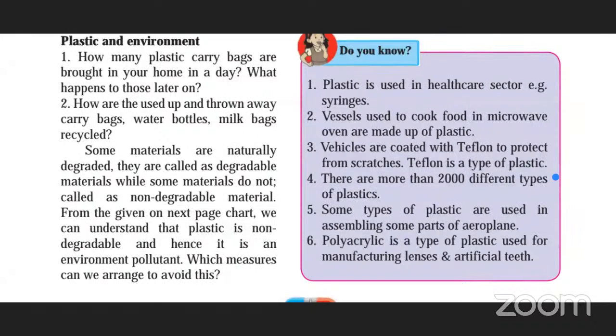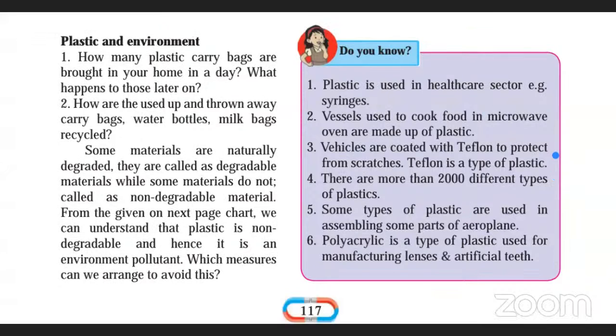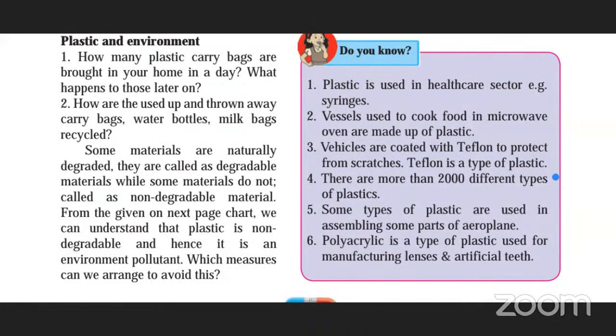So where are those objects going? Can you tell me? When you bury anything in the soil and after a few months you go and check there, you will find nothing. So where is it going? Such articles or things are said to be degradable.